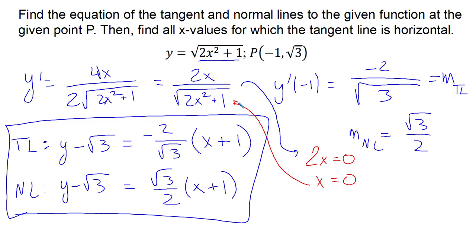And I think we can clearly see that that becomes the square root of 1, which is 1. So it does not make that 0. So that's okay. And we can also see that x equals 0 is in the domain of our original function, right? Because I can plug 0 into that. And therefore, x equals 0 is the x value at which we have a horizontal tangent line for this function.